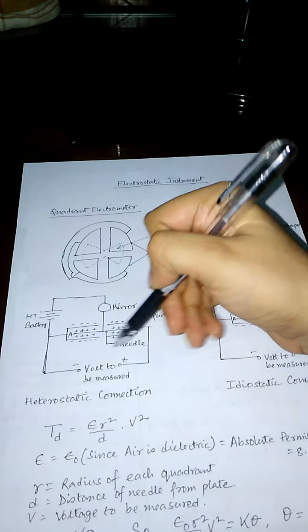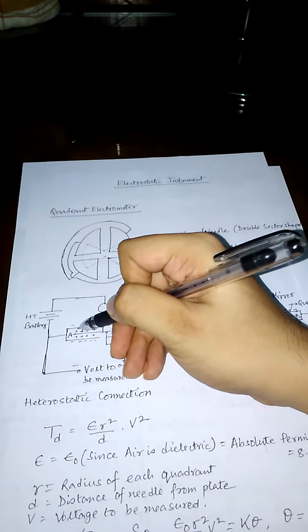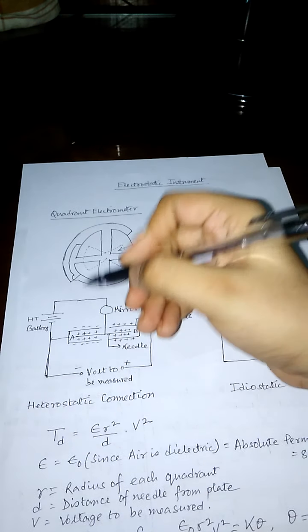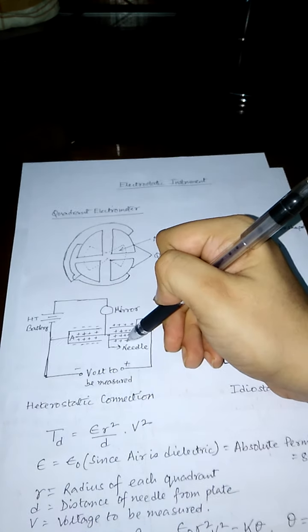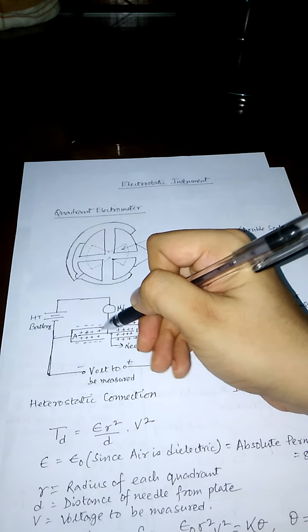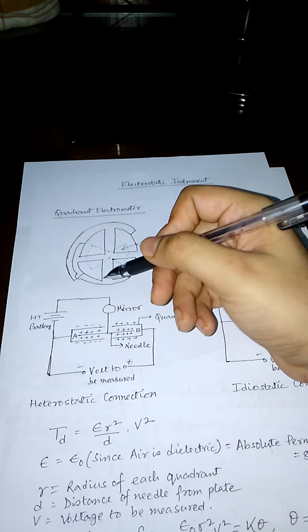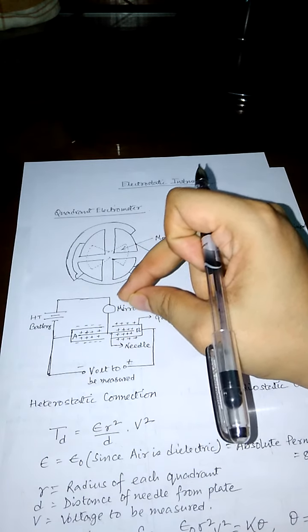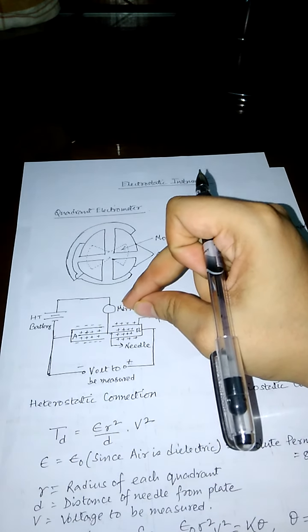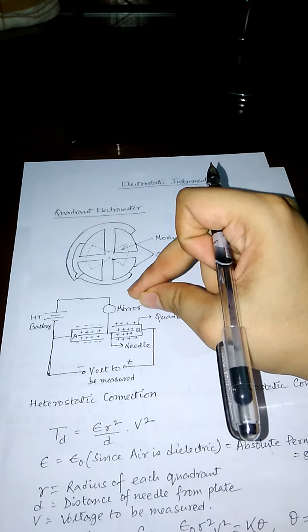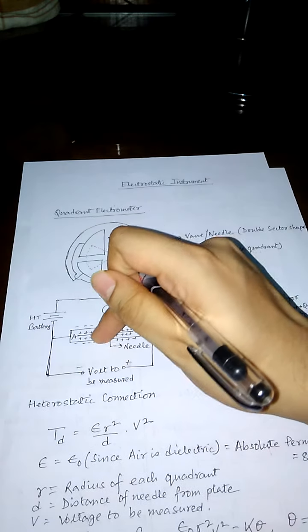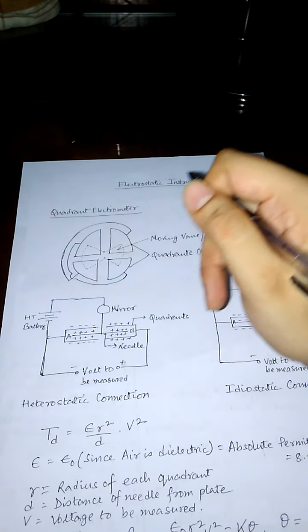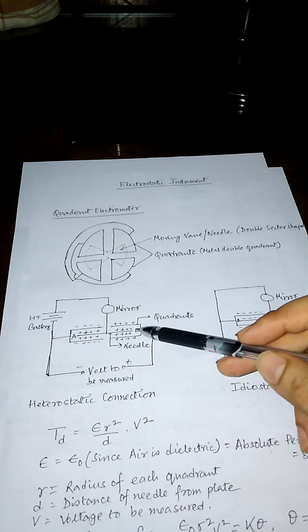See, this is the other construction diagram. This is the quadrants and this is also quadrants, and this is the needle, and this needle is equidistant from these two quadrants. That means it is suspended in such a manner that it is equidistant from the top and bottom quadrants. See, this is the top quadrants and this is the bottom quadrants, and this needle is equidistant from those two. So this is the arrangement.